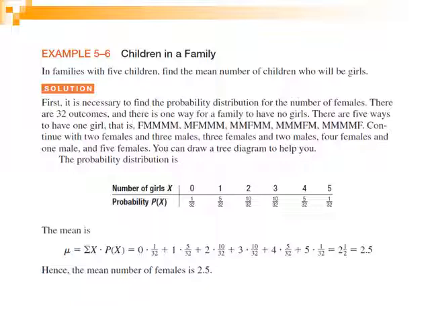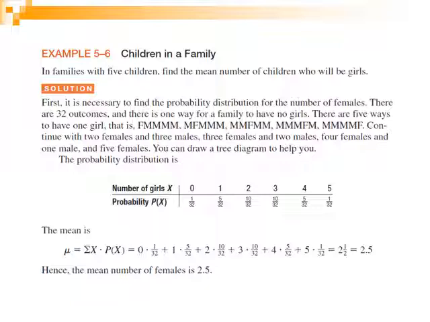When we use a tree diagram, a child in any family has only 2 outcomes, female or male. Then the first trial has only 2 outcomes, with a probability of one half for each.